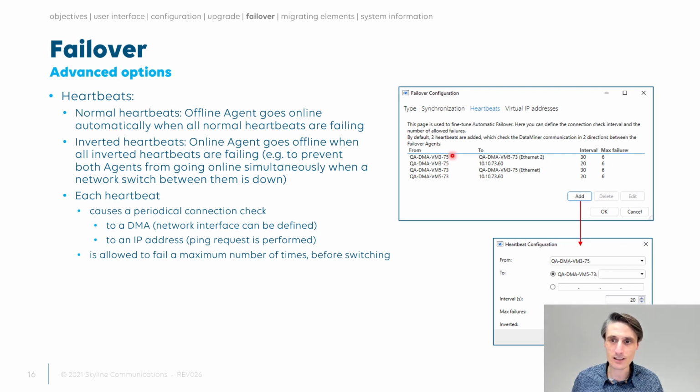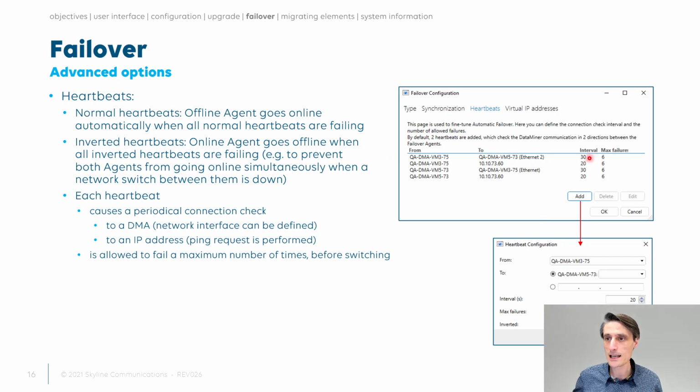So basically, the 75 will do a verification that the 73 is still there, and the 73 will do a verification that the 75 is still there. So basically, they are checking each other. And if one or the other says, "Oh, my buddy is gone," and I'm currently offline, he was actually doing the job, I'll quickly take over. So they are continuously checking each other.